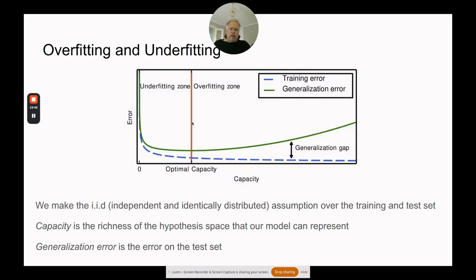Now, with a lot of problems, what we get is a capacity issue. If you pick a very, very simple set of basis functions, there's only so much that it can capture.